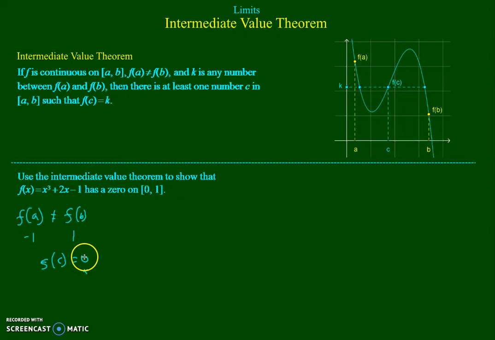It has to be 0. So that's how we use the intermediate value theorem to verify that certain conditions must exist.